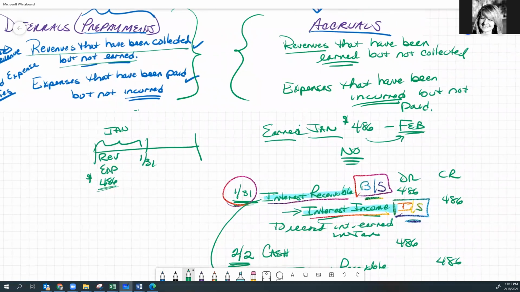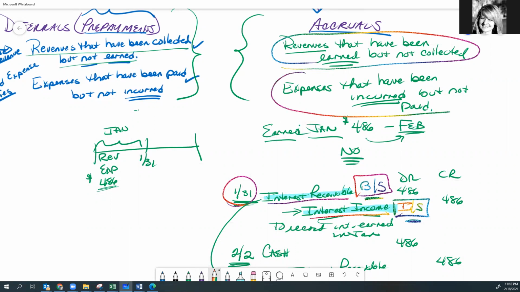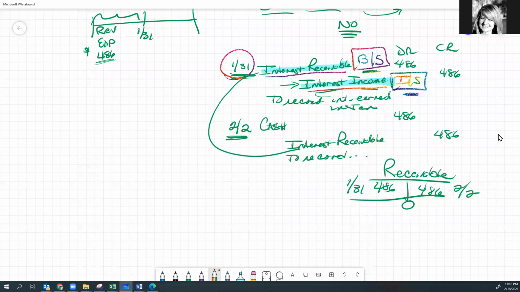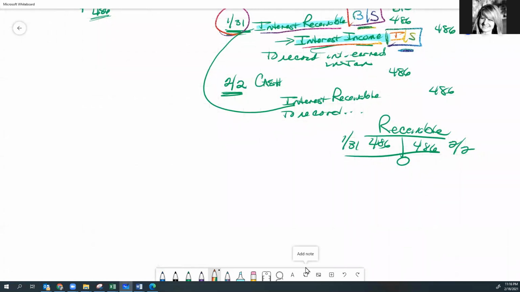So this was this accrual up here, revenues that have been earned but not collected. And so let's talk about expenses that have been incurred but not paid. Let's just say the most common one would be employees that work for us. So once again, here's my timeline, right?